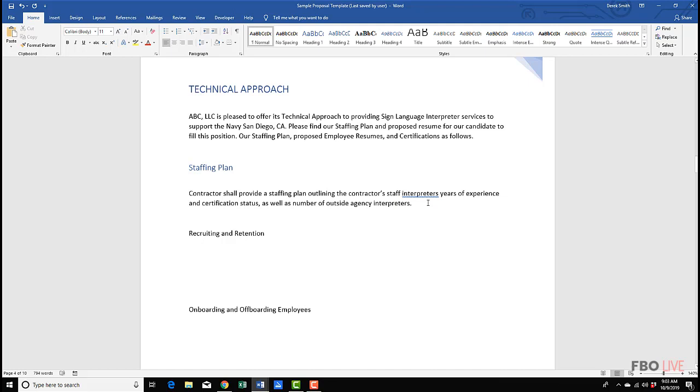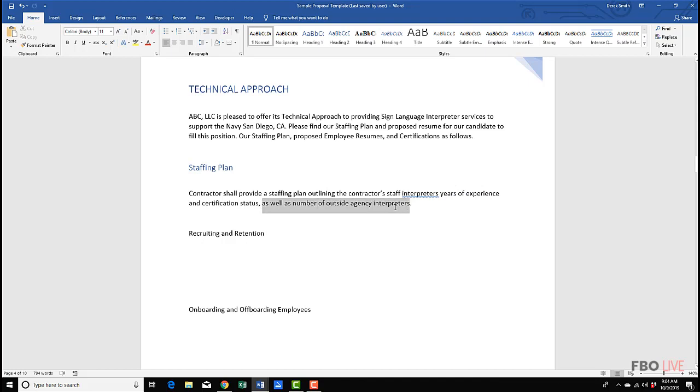But I'll read it one more time, what they gave us specifically. Contractor shall provide a staffing plan outlining the contractor's staff interpreters' years of experience and certification status, as well as number of outside agency interpreters. So I'm not sure exactly what that means.